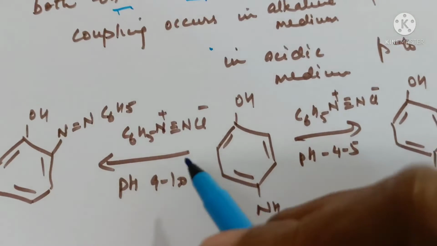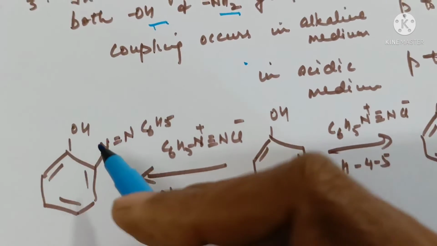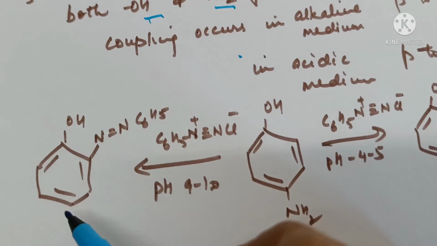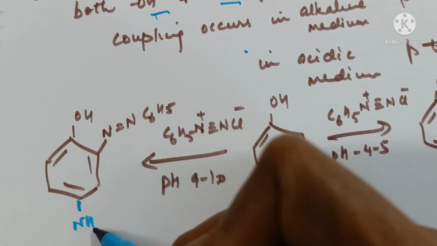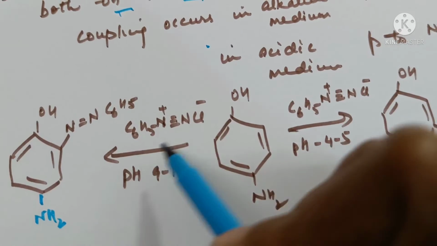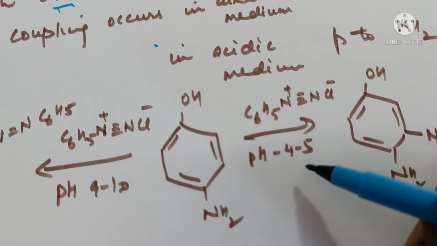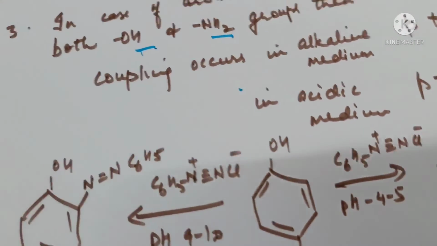For example, in a basic medium, it will occur ortho to the hydroxy group, and in acidic medium it will occur ortho to the amino group because the para position is blocked.